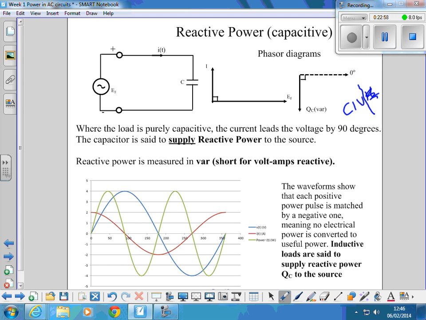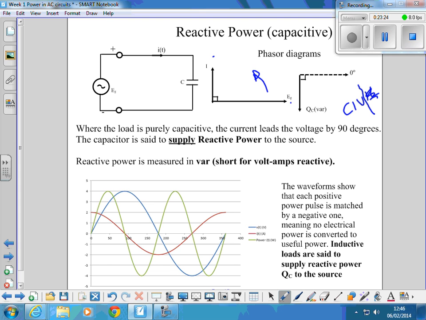So in our phasor diagram here, going around that way, the current here is ahead of the voltage here. Or we can say the voltage is behind the current. When we draw the phasor diagram for QC, it is a negative phase angle of 90 degrees.